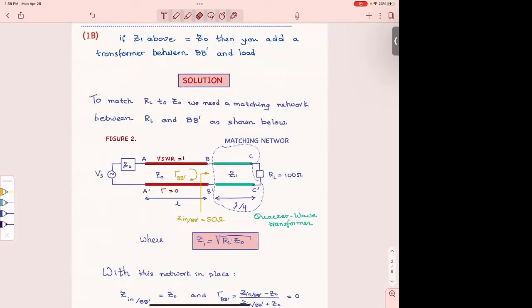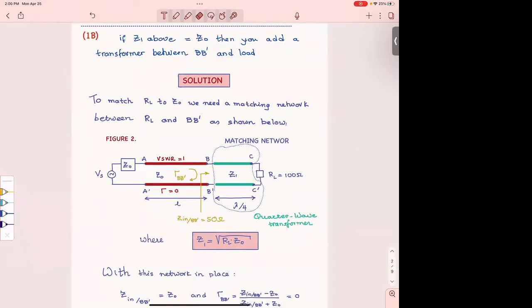I match to my source. If this is 0, how much is your VSWR? 1. You need also to remember that. You need to remember that VSWR is 1 plus magnitude of gamma divided by 1 minus magnitude of gamma. When gamma is 0, VSWR is 1, the smallest value you can get.